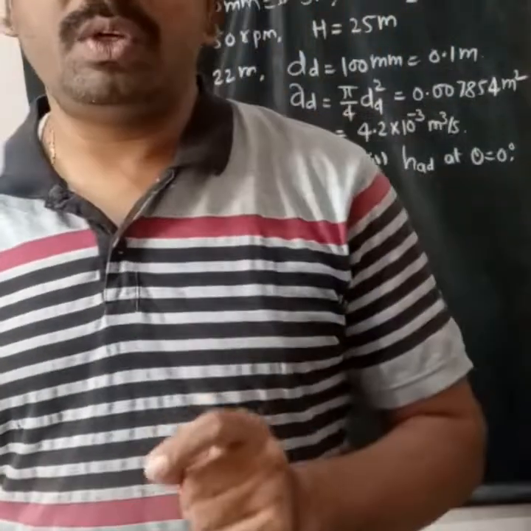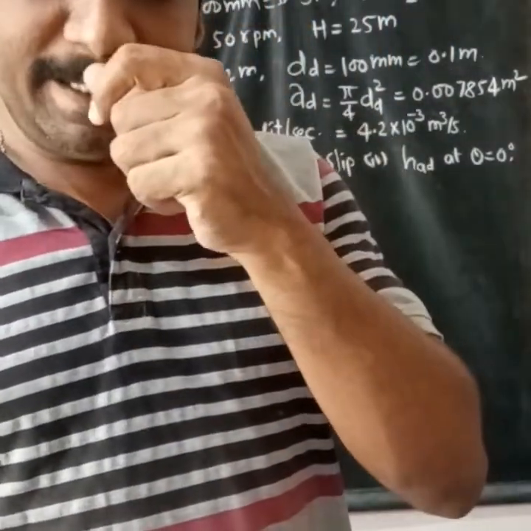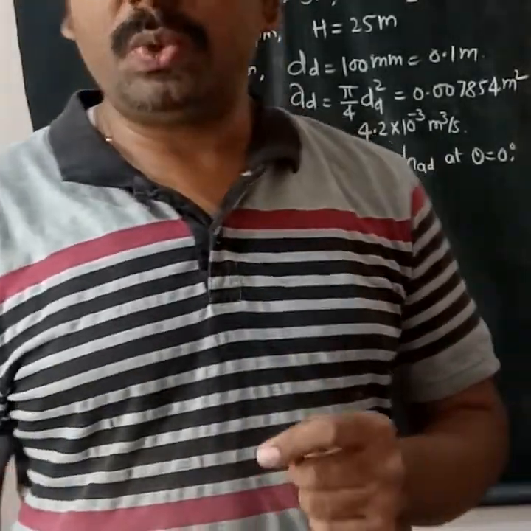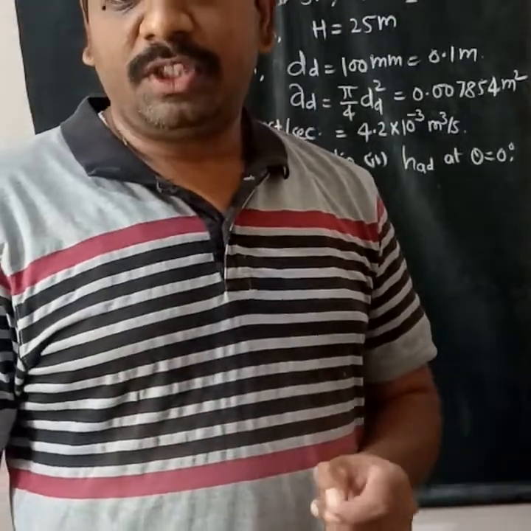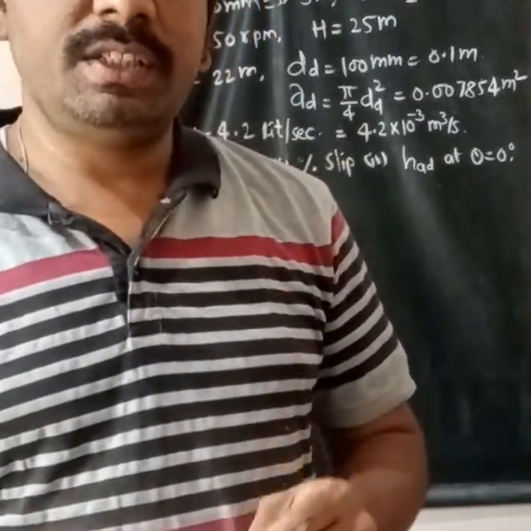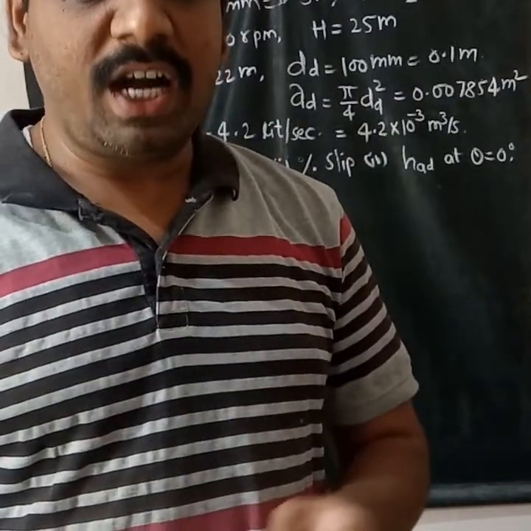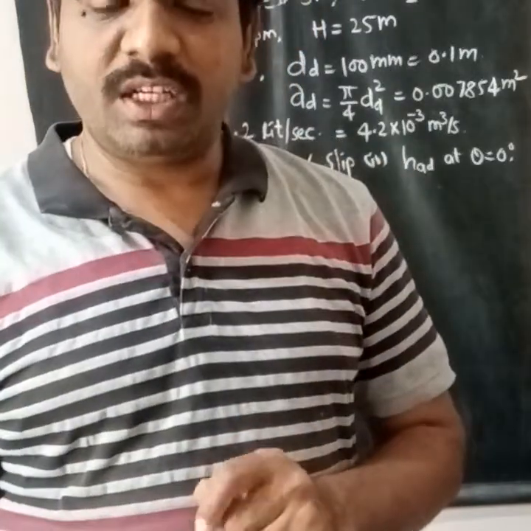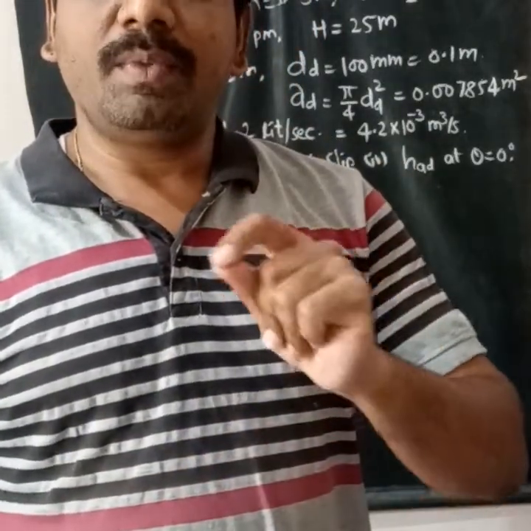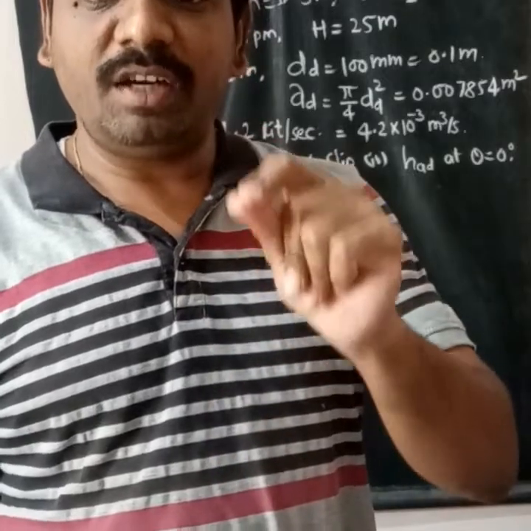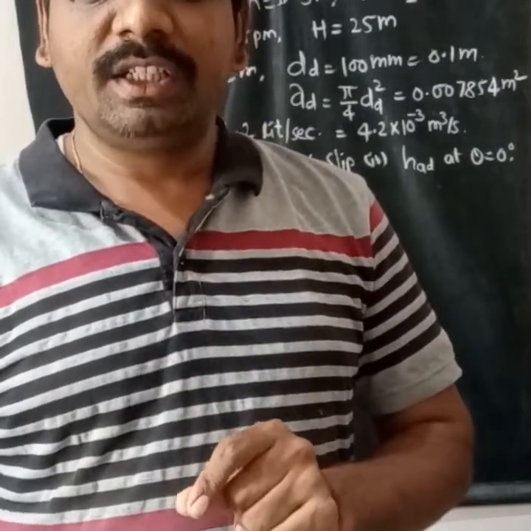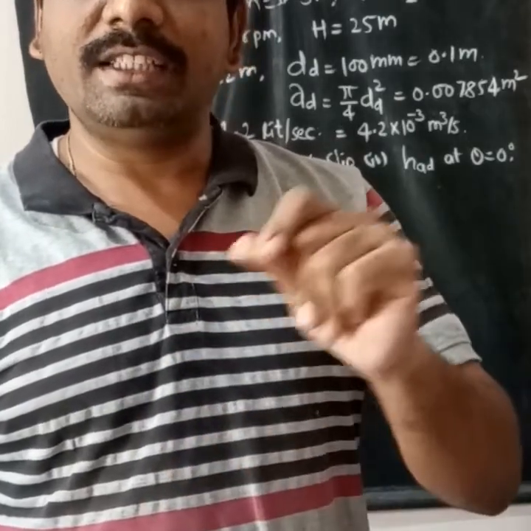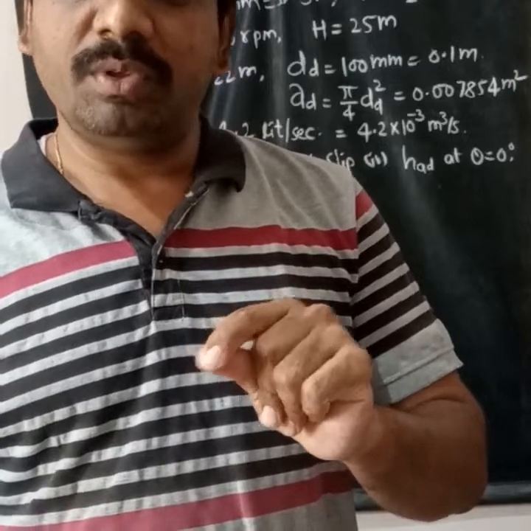Then mainly you have to calculate HAD at theta equals 0 and HAD when theta equals 90 degrees. So what is the expression for HAD? HAD is the pressure head due to acceleration in the delivery pipe. You might remember the equation: HAD equals LD upon g into capital A upon small a, where the area for the delivery pipe is AD, and we use LD because it is for the delivery pipe.